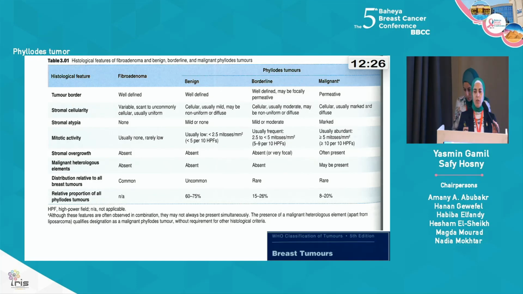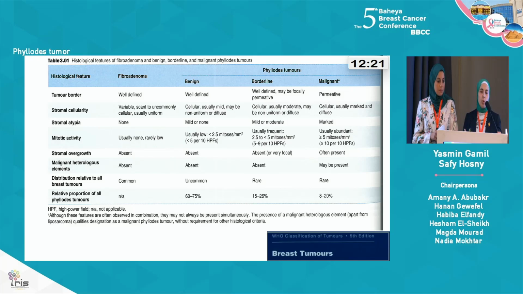This is a very important table in the WHO book showing the whole spectrum from fibroadenoma to malignant Phyllodes tumor with the 6 main histological features upon which we diagnose cases: the tumor border, the stromal cellularity, the stromal atypia, mitotic activity, stromal overgrowth, and malignant heterologous elements.